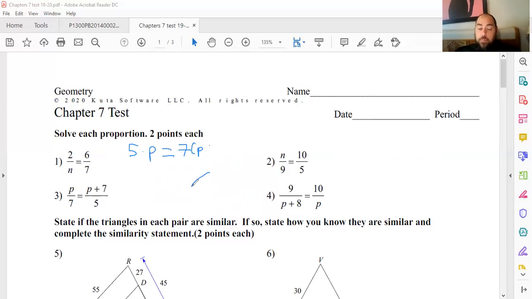Undo. Plus 7. There we go. So this turns into 5p equals 7p plus 49.